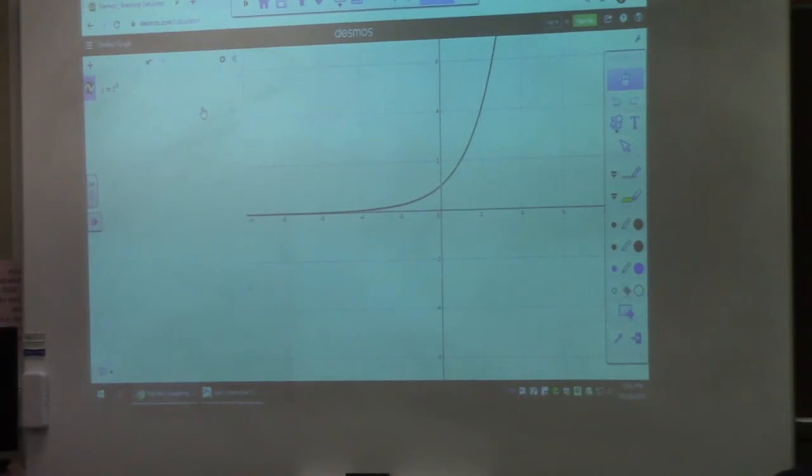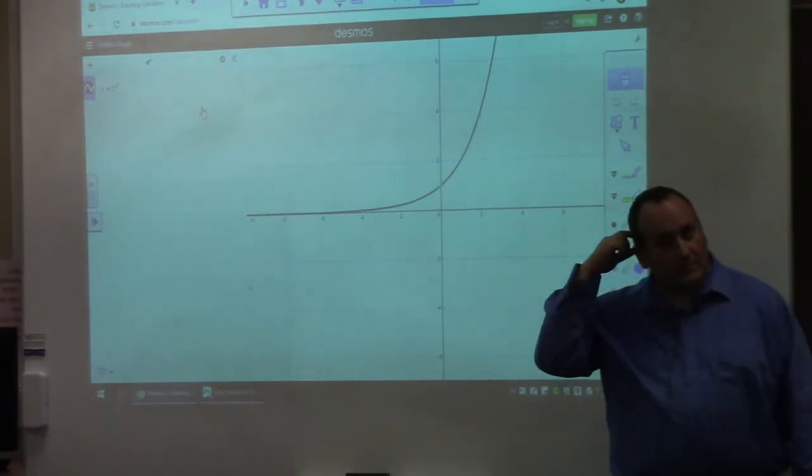Let me write it out. So f of x equals a to the x is an exponential function. But if we look at g of x equals x to the n, this is called a power function. But really, when you get right down to it, it's the same formula, right?